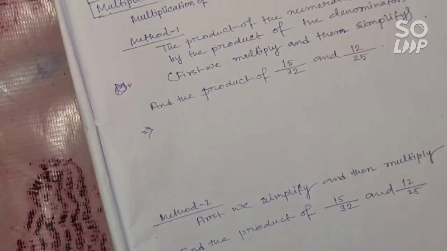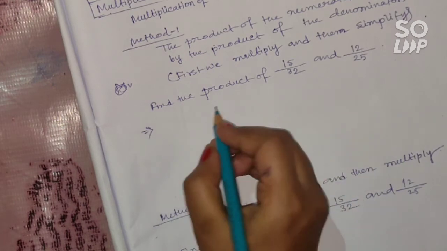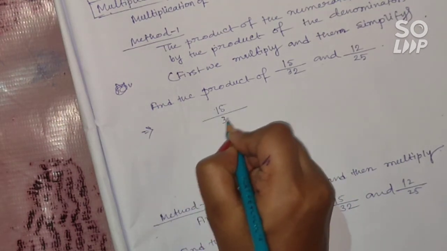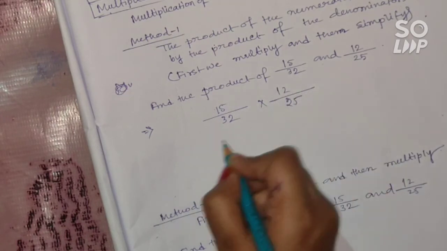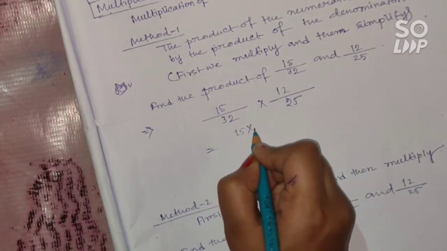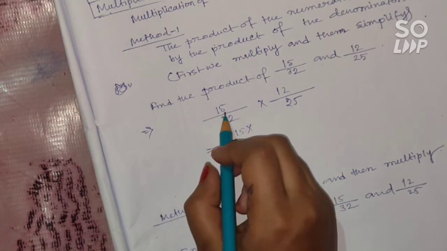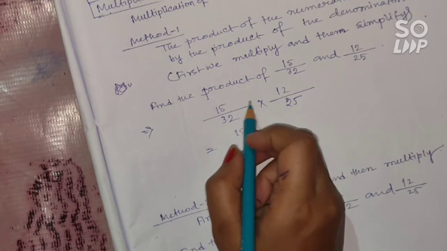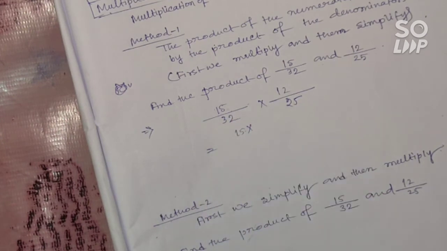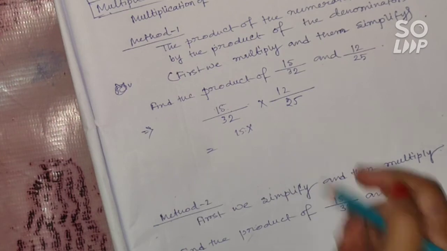Through an example, I will help you understand the method. 15 divided by 32 multiplied by 12 divided by 25. So first we will find the product of the numerators and then the product of the denominators.